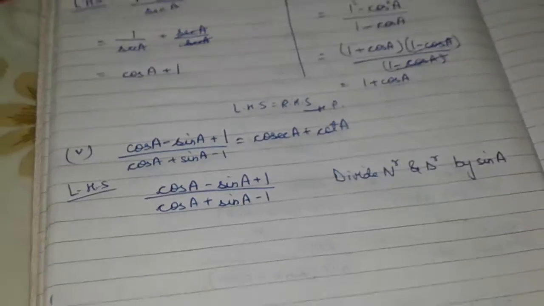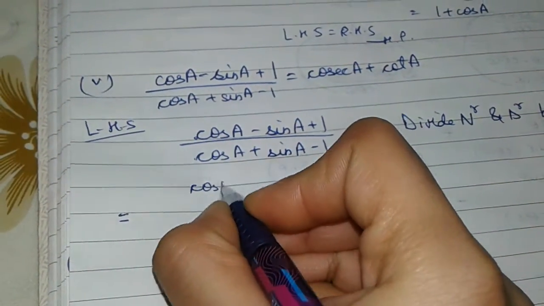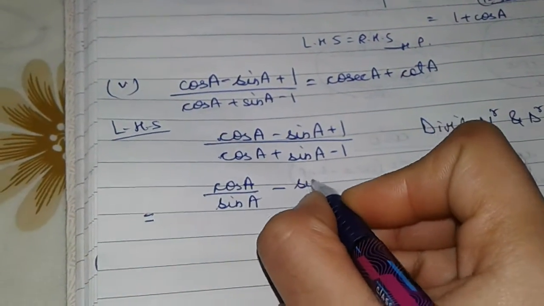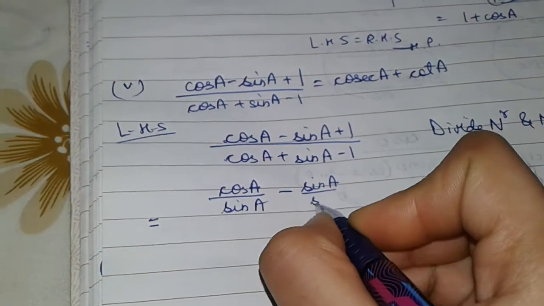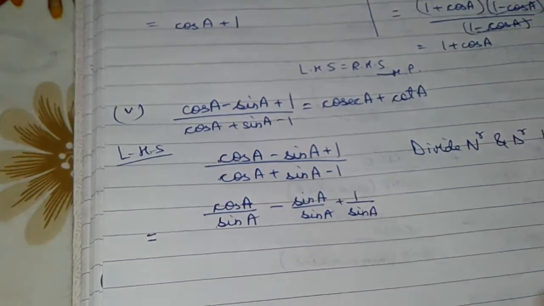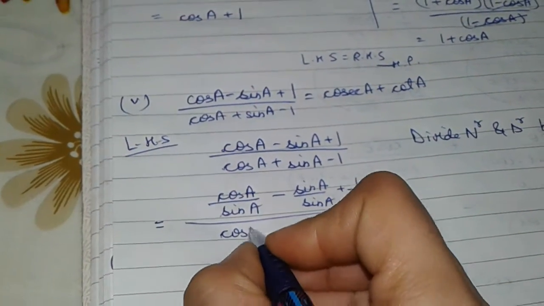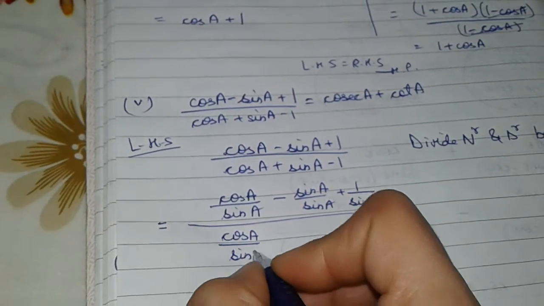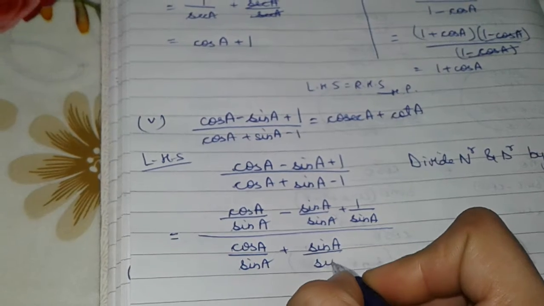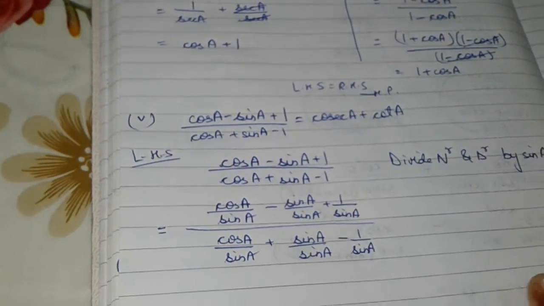Okay, here it is. Now divide cos A upon sin A minus sin A upon sin A plus 1 upon sin A, upon cos A in the denominator divided by sin A plus sin A upon sin A minus 1 upon sin A. Okay.